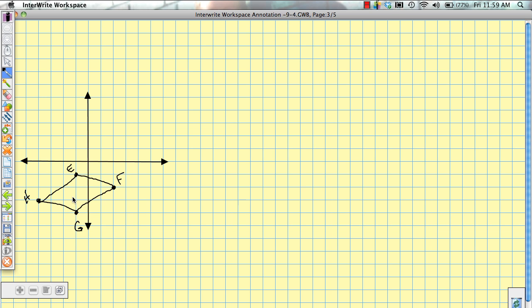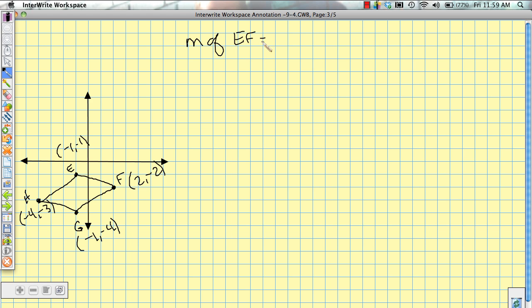But how do we show that it's a parallelogram? Well, the key to a parallelogram is that the opposite sides are parallel. So let's find the slopes of our sides. So the slope of EF, now remember E is -1, -1, F is 2, -2, G is -1, -4, and H is -4, -3.